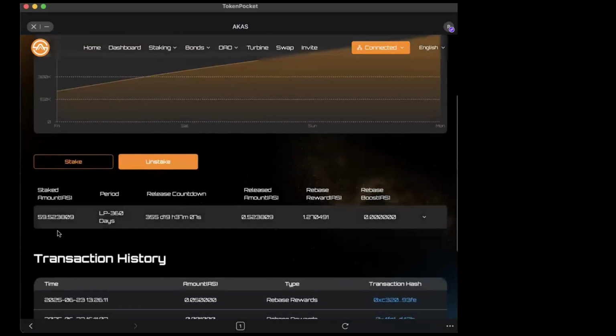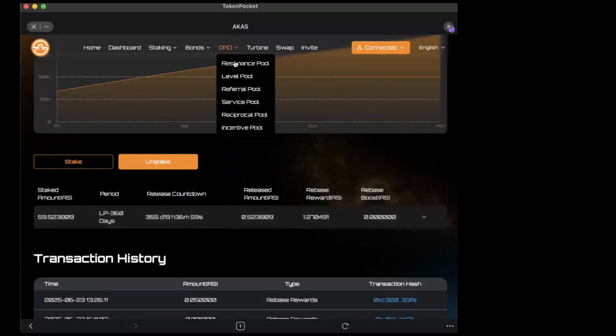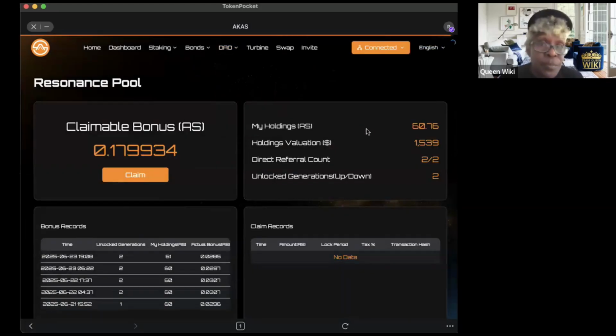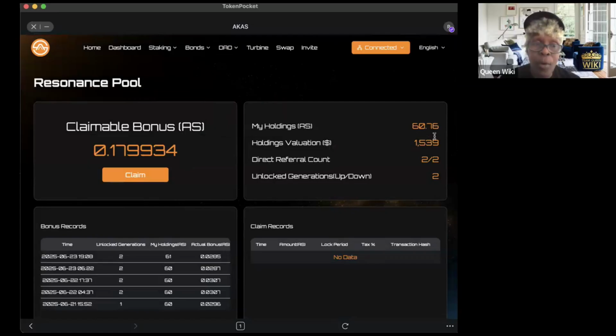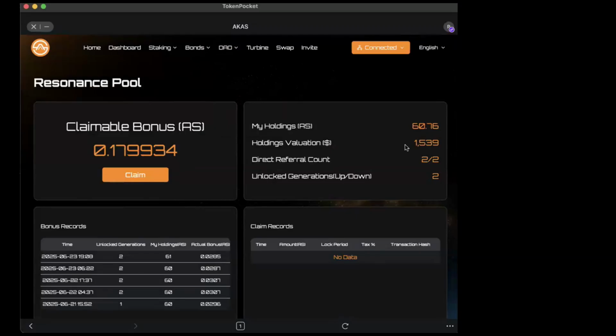Because here the stake amount is 59.52, plus the rebase reward of about 1.27. So my holding is the total quantity of the AS token that I stake, both flexible and long term combined. Definitely, everything combined.